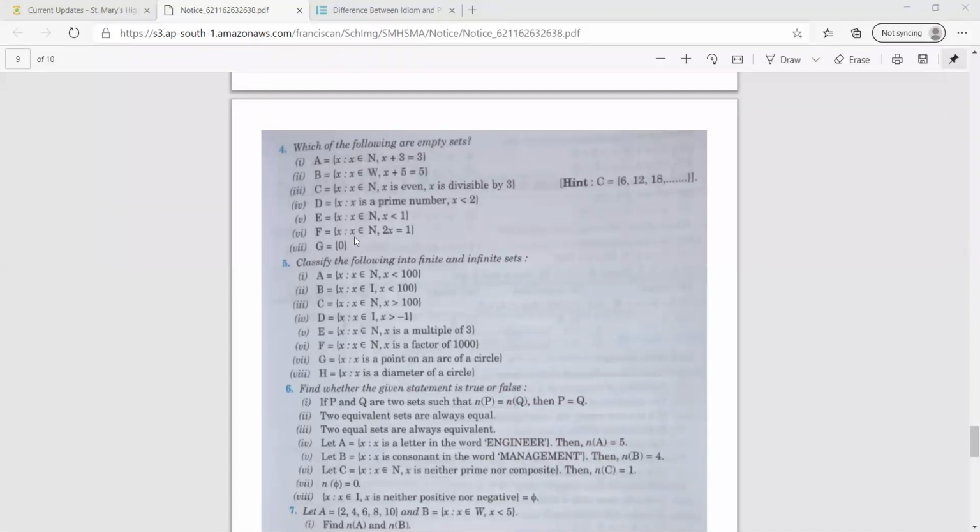So if we take x as 1, 2 multiplied by x means 2 multiplied by 1. You will get 2. You won't get 1. So there is no such number which when multiplied by 2 will give you 1. If you divide 2 by 2, you can get 1. But if you multiply, you will not get. So again, this is an empty set.